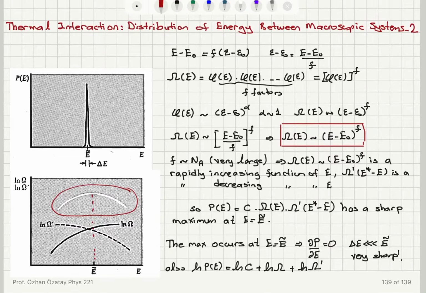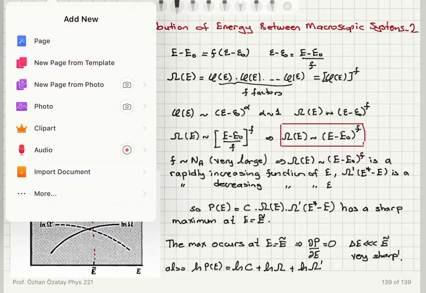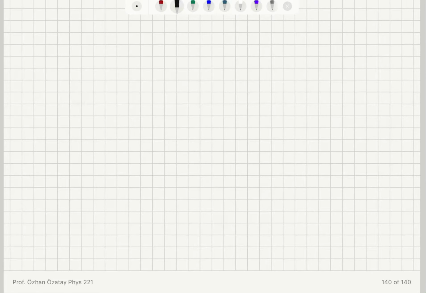All right, so therefore, instead of the probability as a function of E, I can consider the derivative of the natural logarithm of the probability with respect to energy E, and this is 1 over P times del P del E. Del P del E was 0 at E tilde, so when E is equal to E tilde, this will be 0.